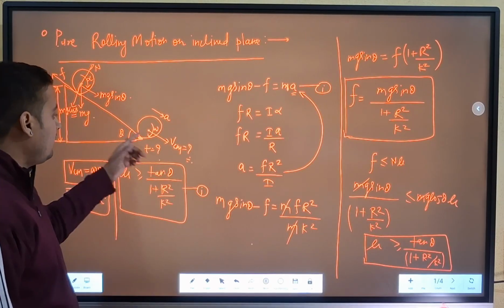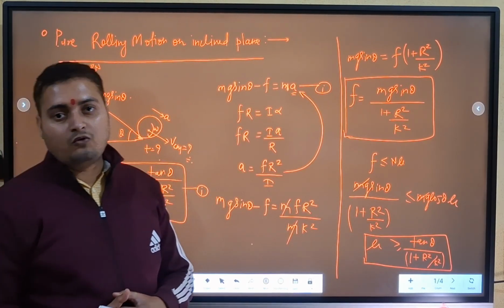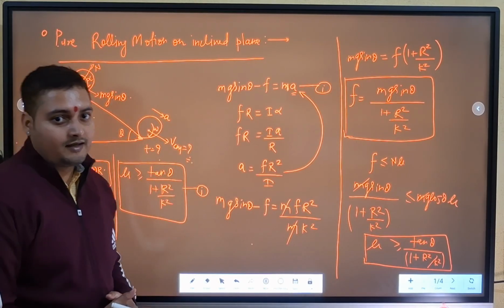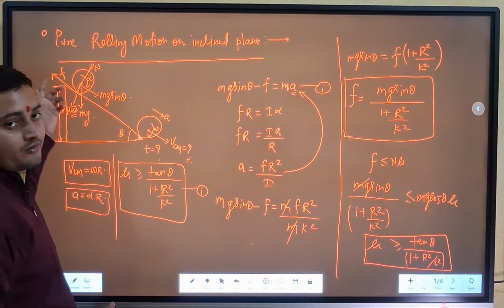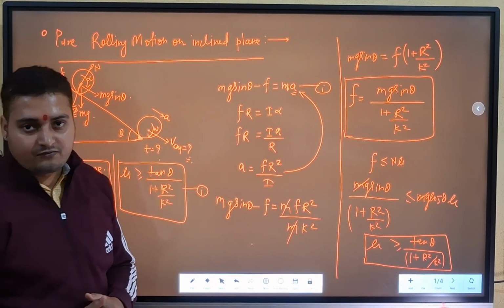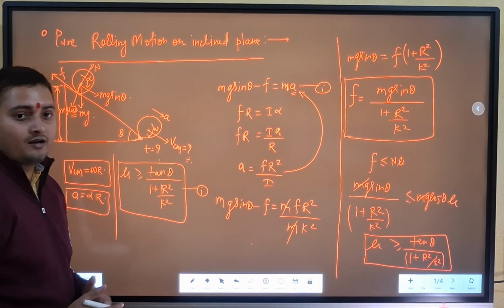For calculation of velocity we need to apply conservation of energy. But before applying it, we need to check, can we apply conservation of energy here, because friction force is acting here. And we all know friction force is a non-conservative force, so how can we apply it?